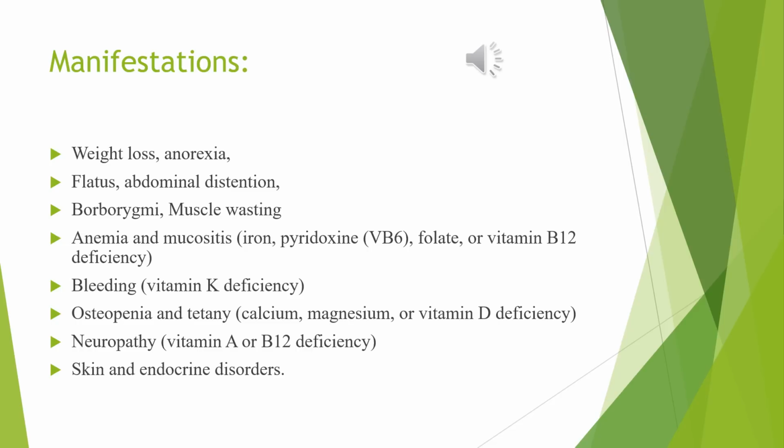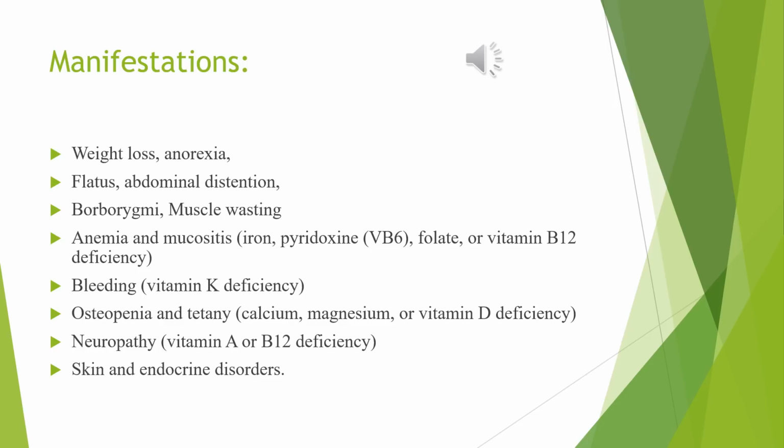and this will result in abdominal gaseous distension. Another manifestation is borborygmi. Borborygmi are the sounds that we can hear from the stomach and intestines due to the presence of gas within the bowel lumen. And also muscle wasting, in which the main muscles look atrophied. We call it muscle wasting. Another manifestation is anemia and mucositis, and the anemia can be caused by iron deficiency or vitamin B12 deficiency or folate deficiency.